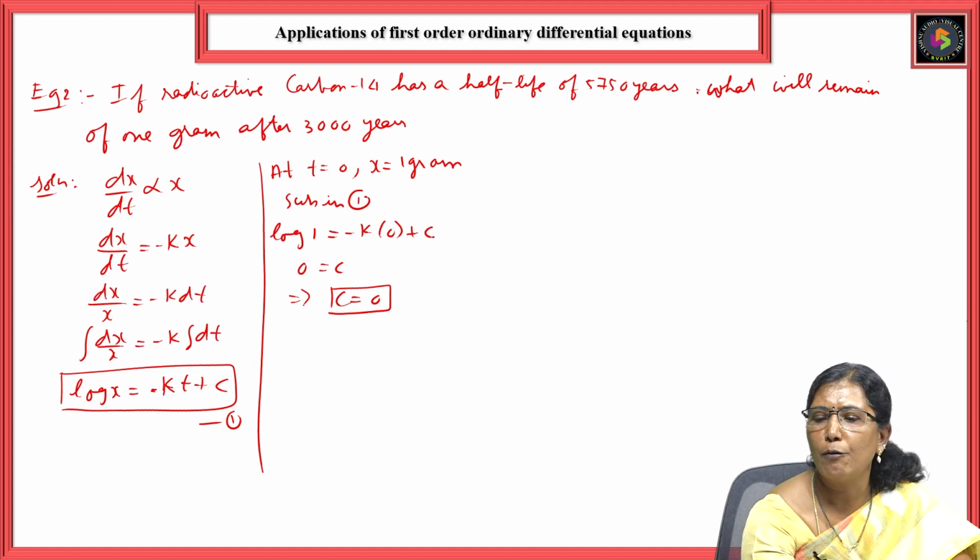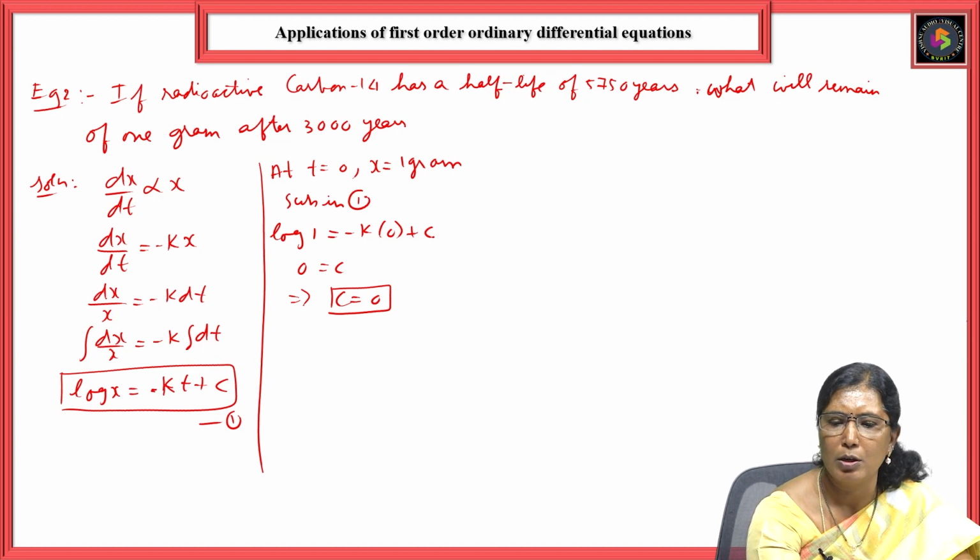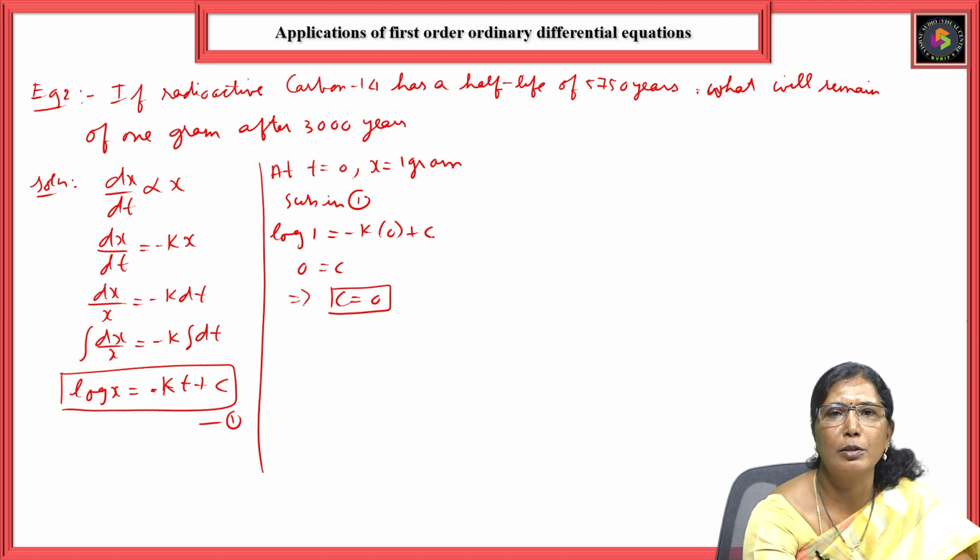Now the half-life of carbon-14 is 5750 years, as they have given. Half-life means the mass reduces to half of the mass, that is half of 1 gram, which is 1 by 2 grams. How many years is it? 5750 years.